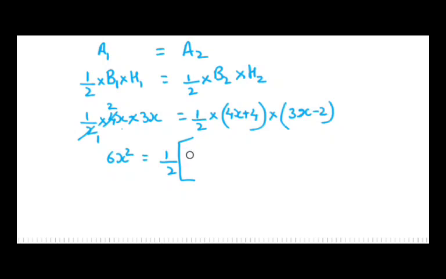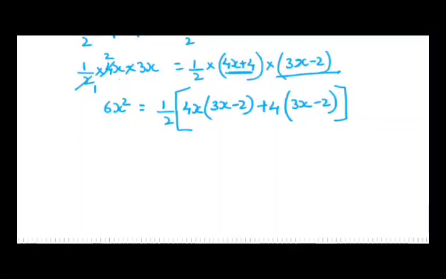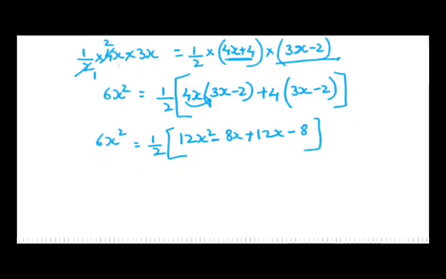Now what am I going to do? I am going to break this and multiply each term with this entire bracket. So 4x into 3x minus 2 plus 4 into 3x minus 2. 6x square is equal to half into 4 into 3, 12x square, minus 4 2s are 8x, plus 4 3s are 12x, 4 2s are 8, so minus 8.